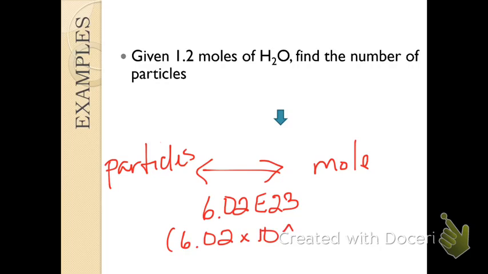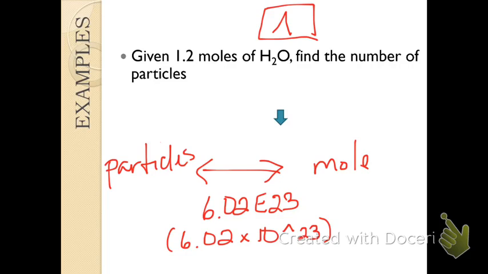And to do that, we need to pause for a minute and talk about the caret key. The caret key is a key on your calculator which allows you to put things to a power, to an exponent. So if you're going to use the 6.02 times 10 instead of the 6.02e, then you need to know where the caret key is, because that tells you you're taking 10 to that power. Okay?